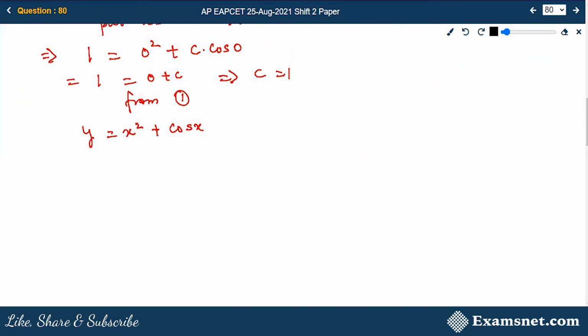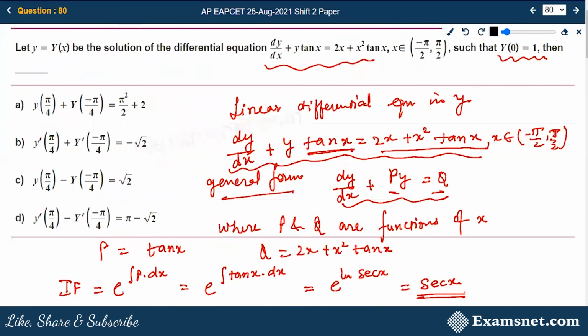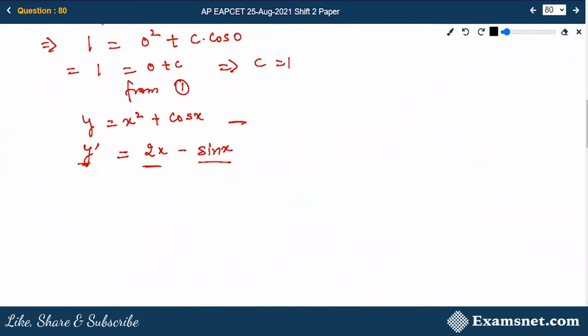Right? Now, differentiating both sides, you will get y dash is equal to 2x minus sin x. In our options, you have to find y dash of pi by 4 minus y dash of minus pi by 4. So let's find this.